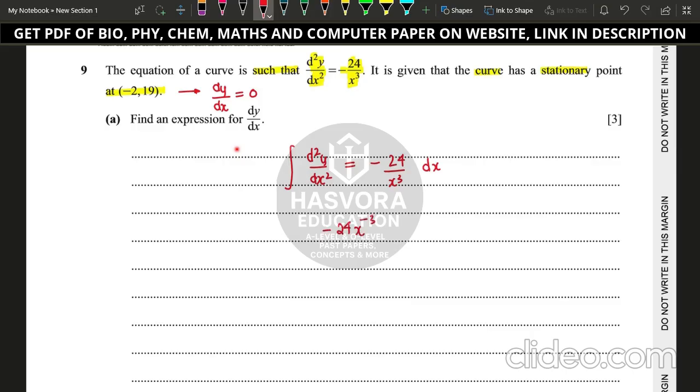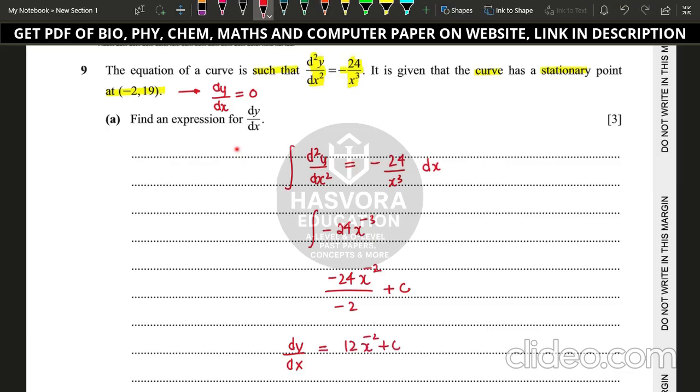Now if I integrate this, first I increase the power, so minus 3 plus 1 is minus 2, and then divide by the increased power, which is minus 2, then plus c, the constant of integration. So this will give me dy by dx as 12 x to the power minus 2 plus c.